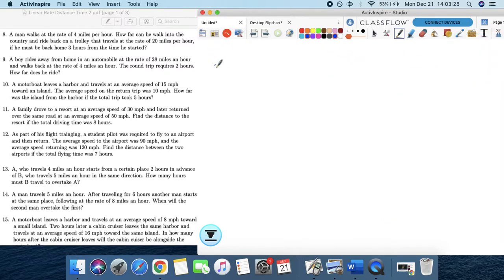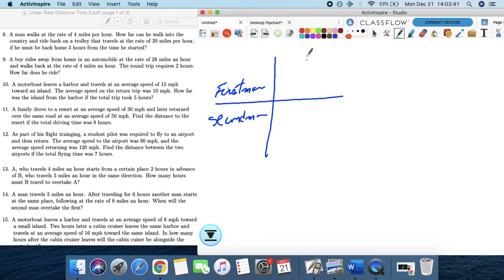Problem 14. Okay, so this is the first man, I guess. And then this is the second man. So the first man travels, okay, 5 miles an hour.